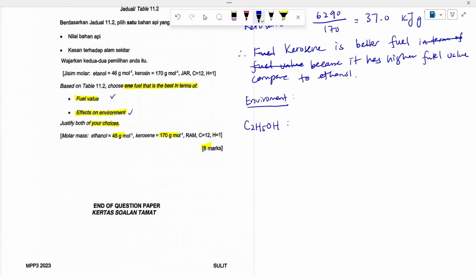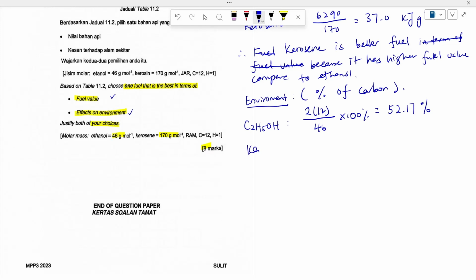For this, carbon you have 2, carbon is 12, so over the total 46, times 100%, so you get 52.17% of carbon. You need to find the percentage of carbon in the compounds.